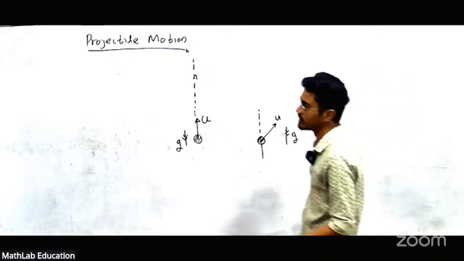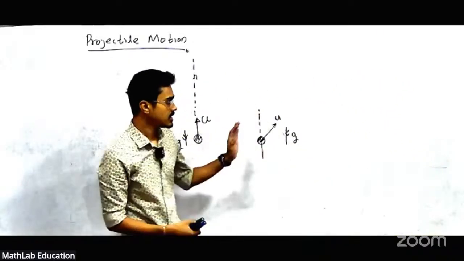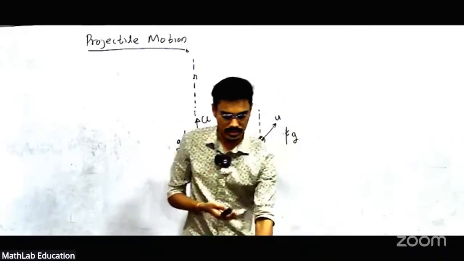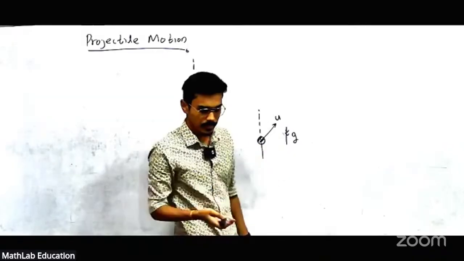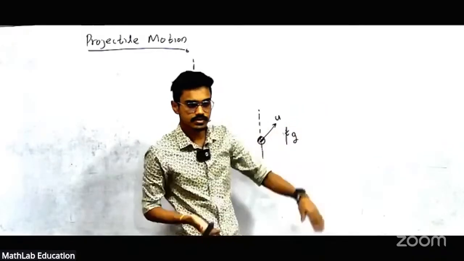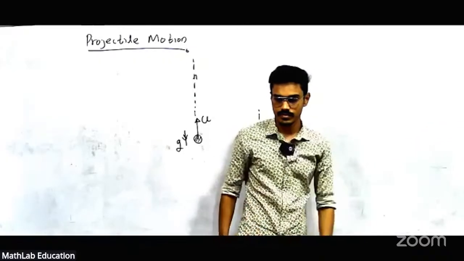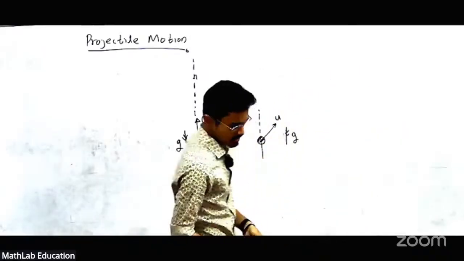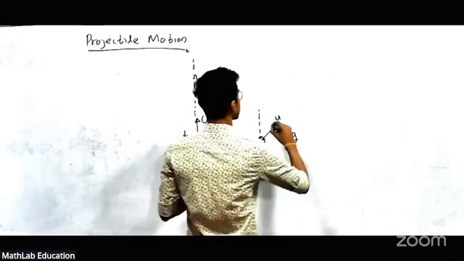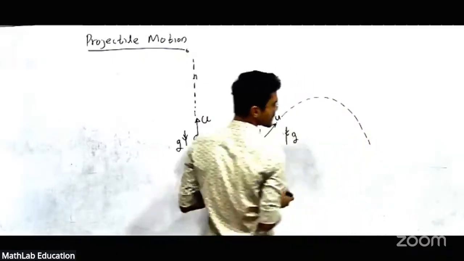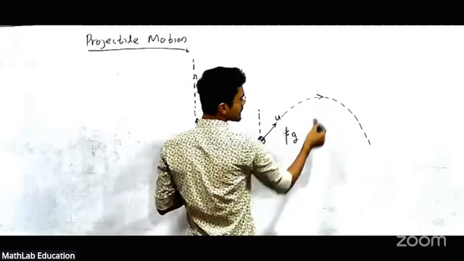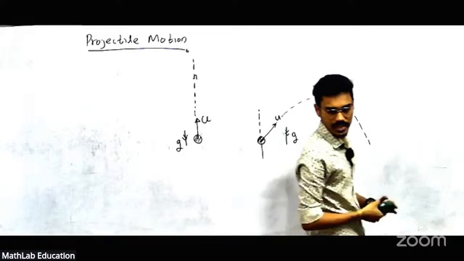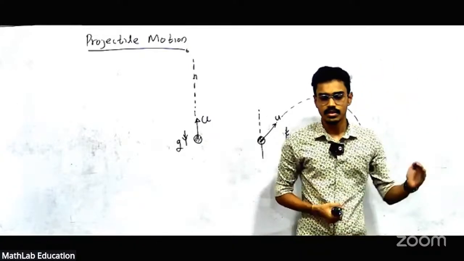If I apply this kind of an inclined velocity, see, this is how it's going to go. So it will be a curved path. If you throw something with an inclined initial velocity under gravity, it undergoes a curved path.